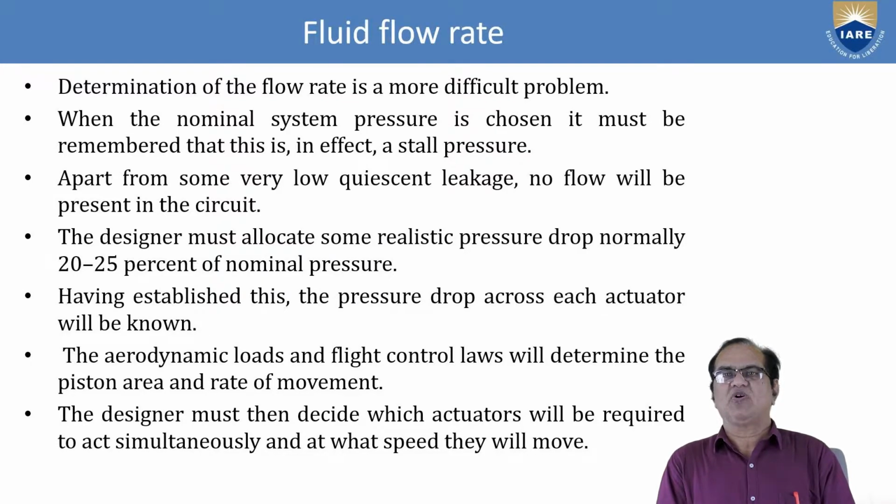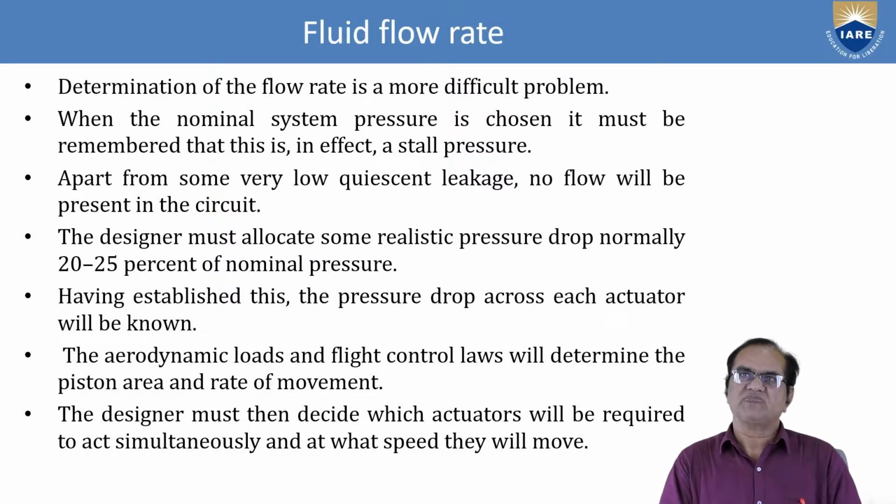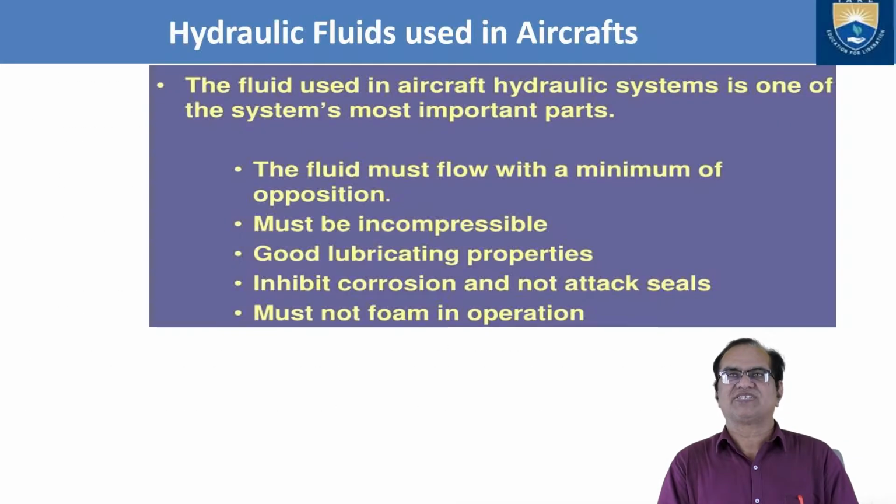The aerodynamic load and the flight control laws will determine the piston area and rate of movement. The designer must then decide which actuators will be required to act simultaneously and at what speed they will move. So we have to understand what flow rate we need to operate the system.